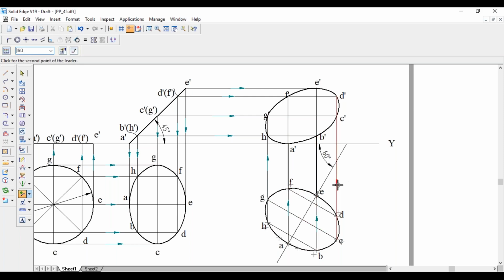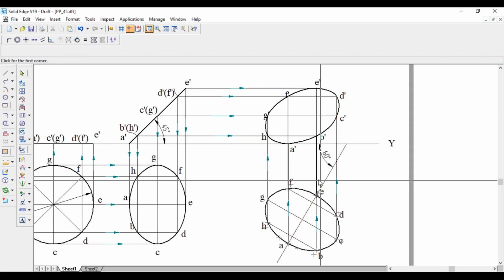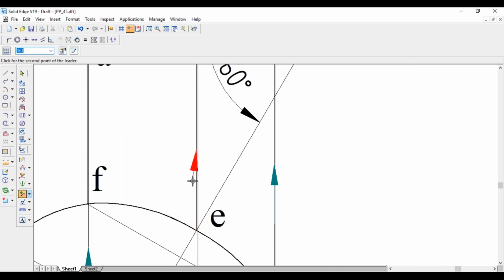The lines are not overlapping, but it looks like that. So this completes the problem.